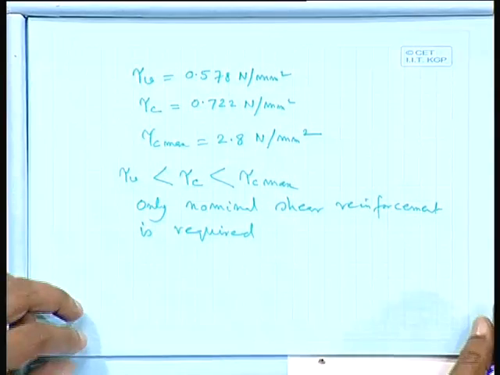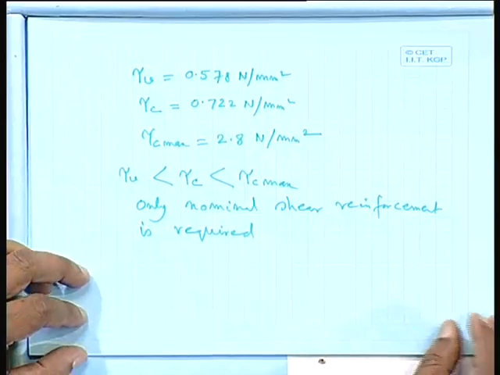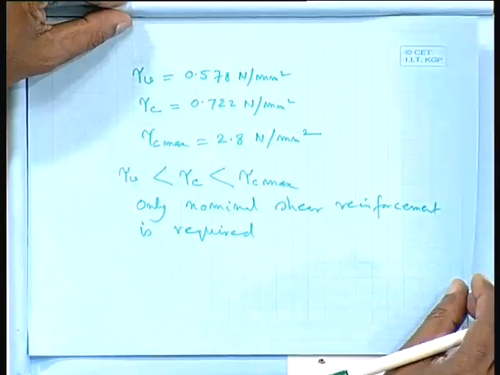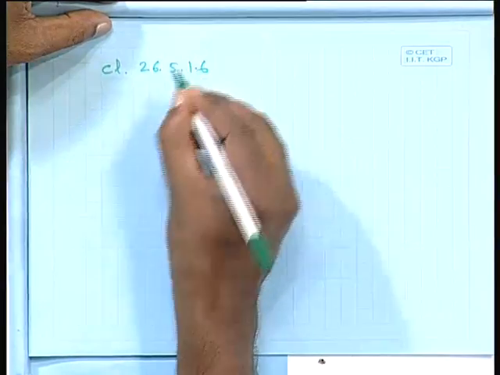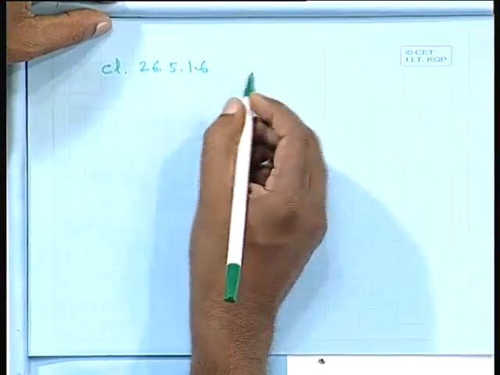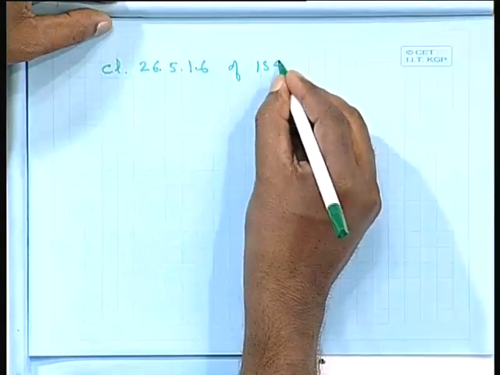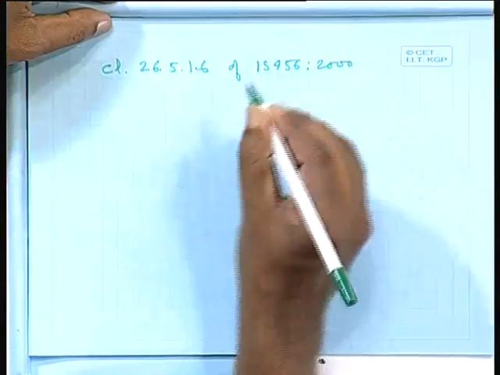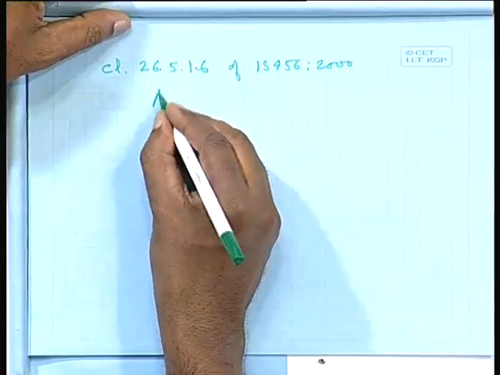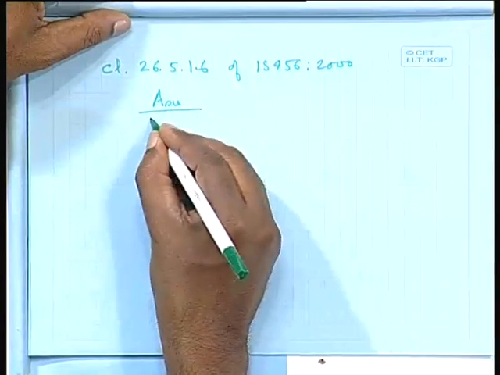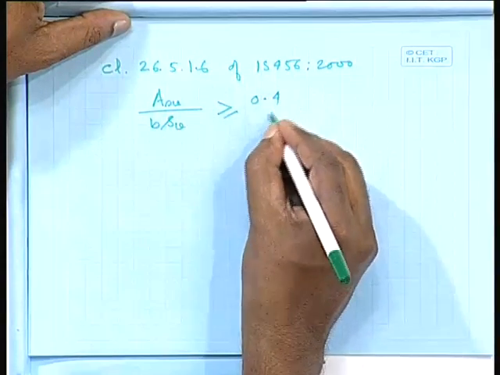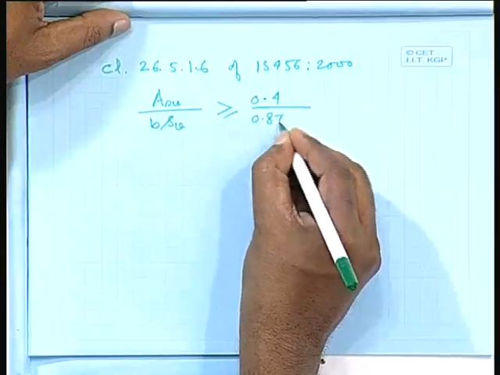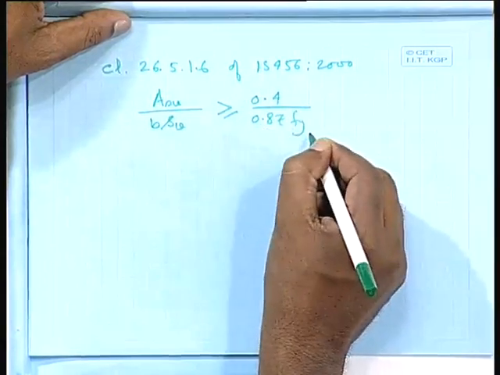What does our code say? Our code says what should be the nominal shear reinforcement. We can get it in clause 26.5.1.6 of IS 456 2000. Here ASV by B SV is 0.4 divided by 0.87 Fy.